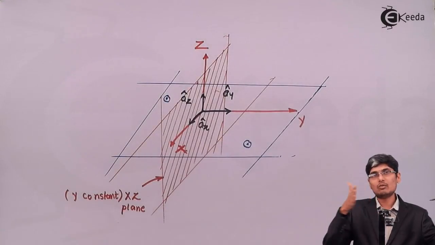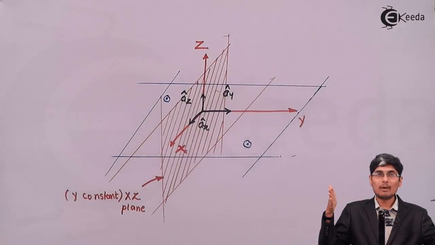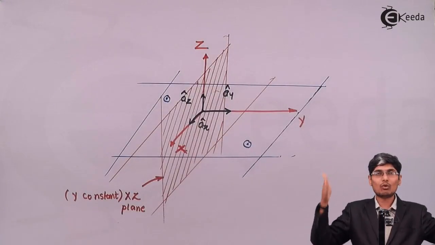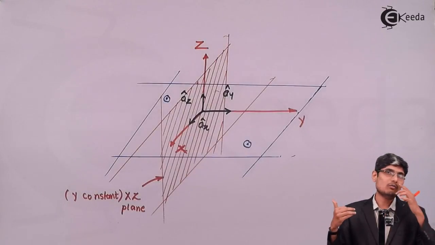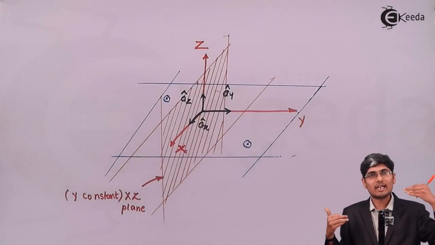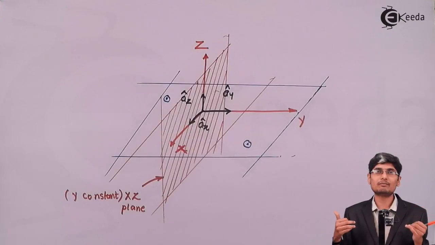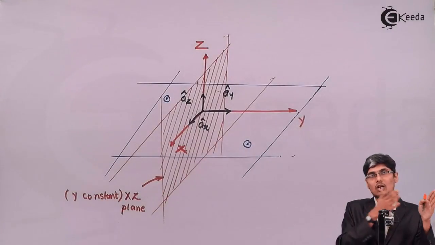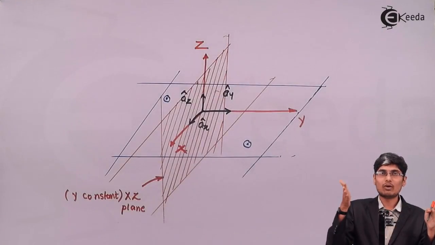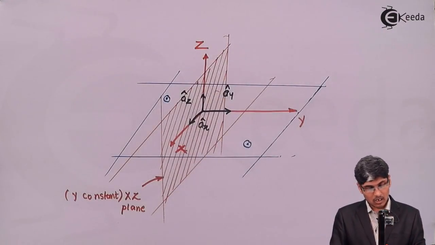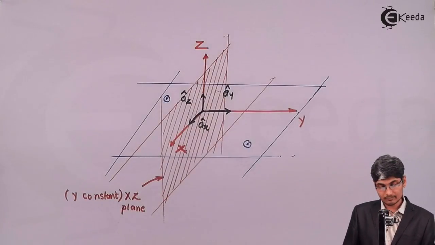The y-axis has moved, but on the wall the height of the wall is changing, and you are allowed to move in the x direction and the z direction, but y should be constant. Once you shift y to the next wall, again x and z can vary, but y will remain constant. So this is y constant.